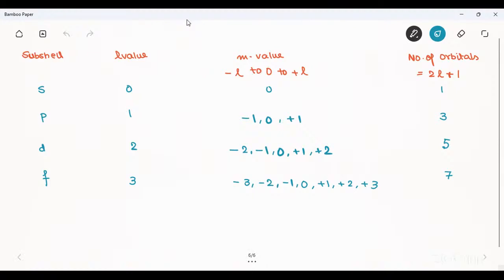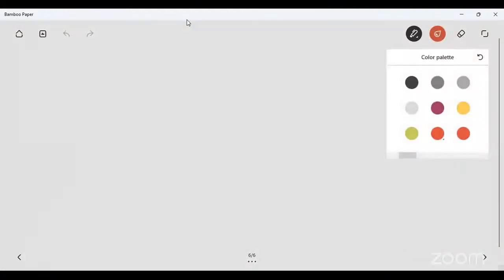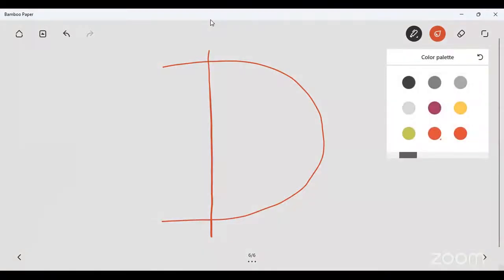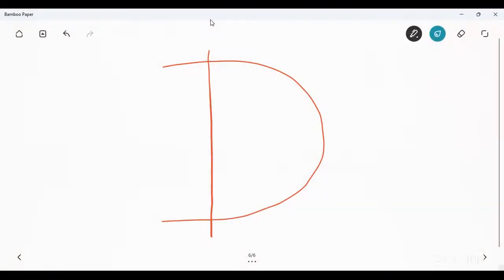Now, if I am asked to do the schematic presentation, that is the psi value and everything, how will that look? Right? Just put the respective values. If this is 0, then this will be 1.